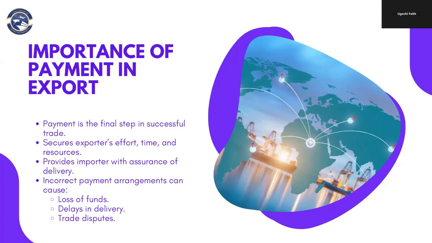That's the thing with payment. And I'm still going to use that example subsequently in our class, because there are still some things that I need to explain to you. So payment provides importers with assurance of delivery. That's one of the things payment also does.